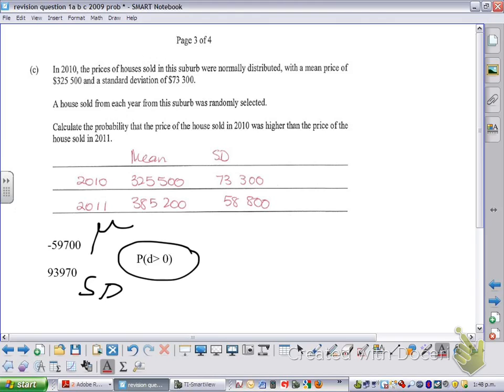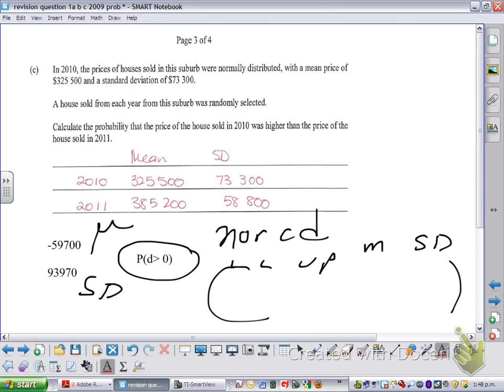Now, when you go into normal and you plunk in things, you have to have a lower limit, an upper limit, the mean, and the standard deviation. Now, the lower limit's not a problem with this because greater than 0, so you start at 0 and you go up. Now these are really large numbers. You've got a standard deviation of 73,000 or whatever, and basically you've kind of got to double that to make sure that you get above these numbers.